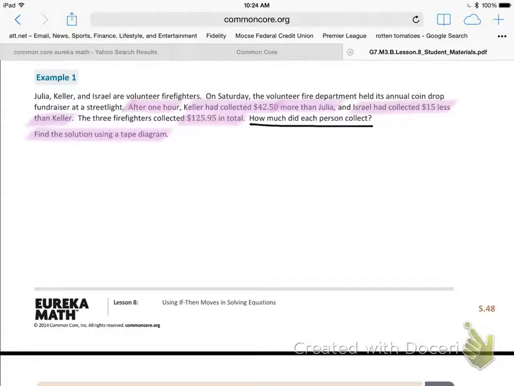I'd like you to just kind of stack them up. So if you had one that looked like this, and then another one underneath that, and one underneath that. So go ahead and create that tape diagram. And if you need to, maybe go back to lesson 7 and see how we did it there.